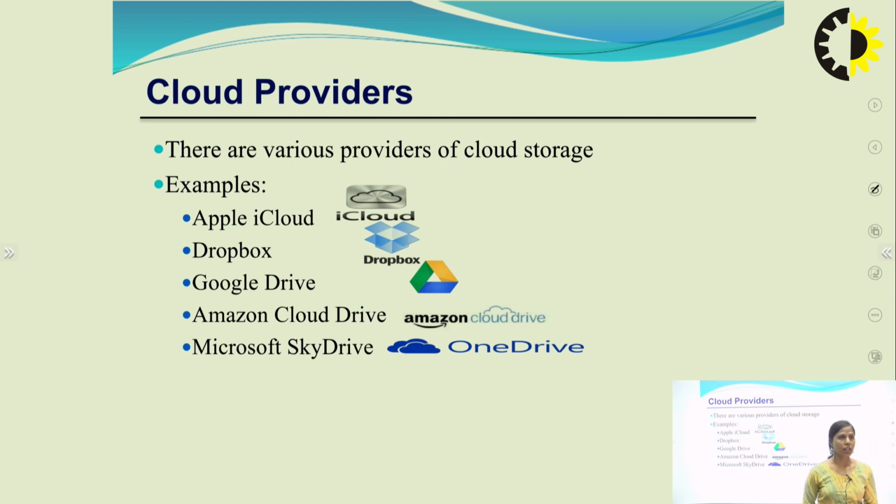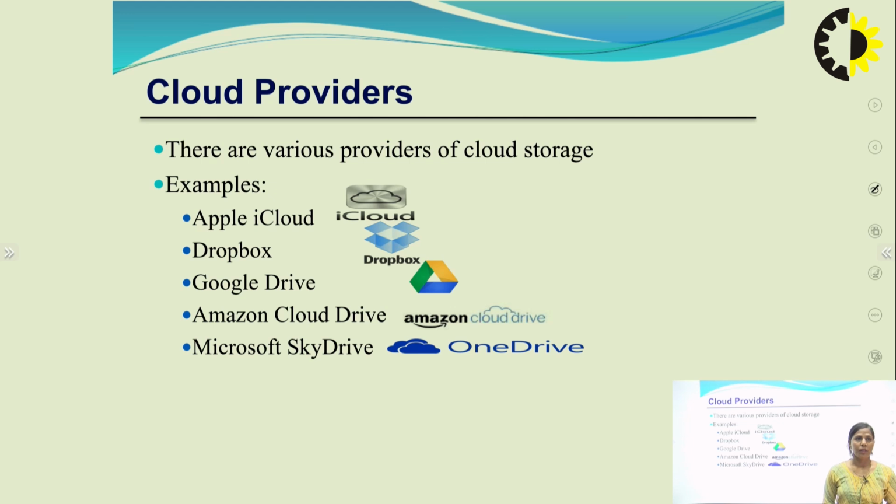Now, talking about the various examples in detail: what is Apple iCloud? Mac users or iPhone users use Apple iCloud, which provides cloud storage. Similarly, Dropbox is there to store information, videos, and images.